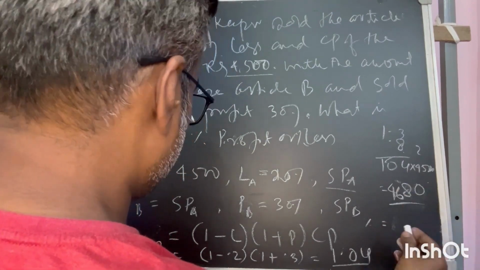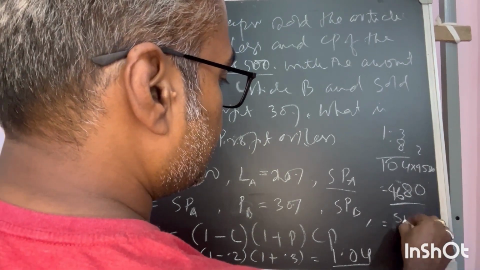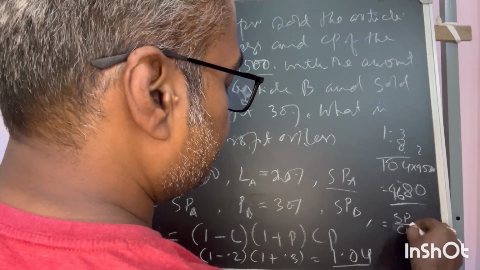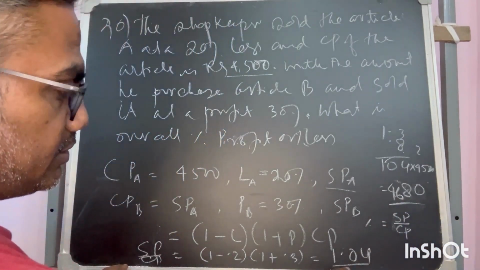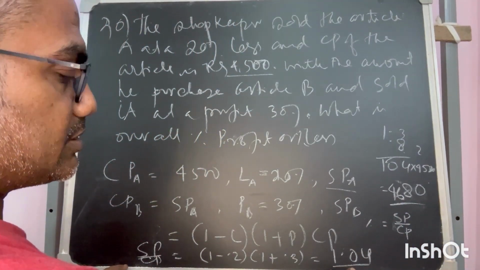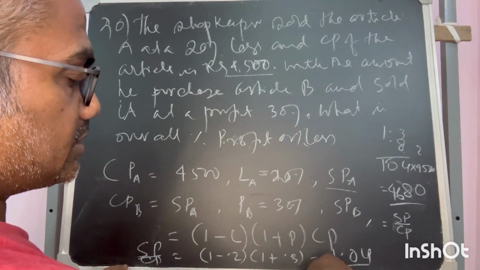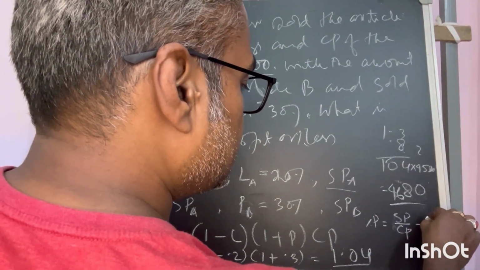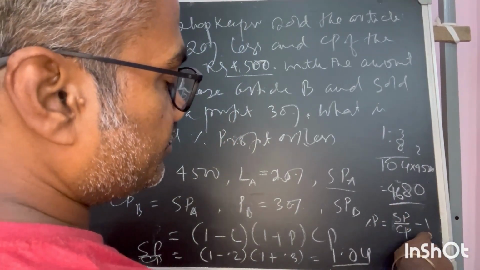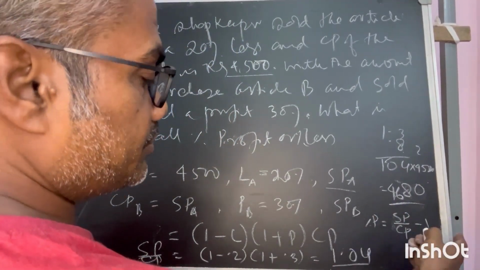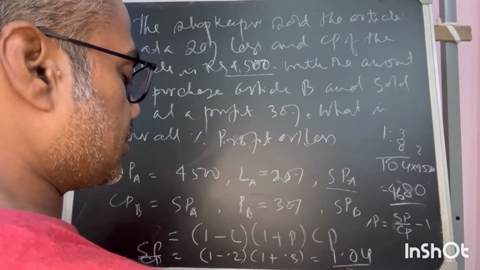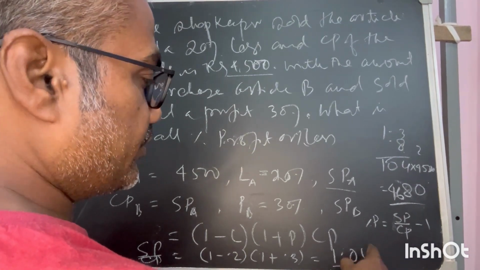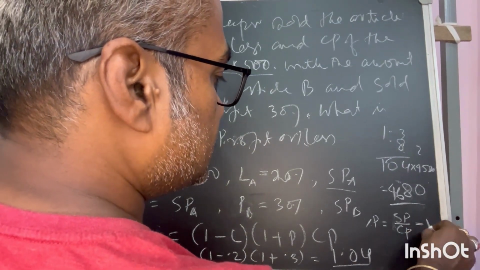If I consider that SP by CP, seeing this ratio you can understand that this is a profit definitely, because once it is crossing 1, I can straightaway say this is profit, and I will use the relation SP by CP minus 1, not 1 minus SP by CP, because if I can establish whether it is profit or loss, then accordingly I will use the formula.